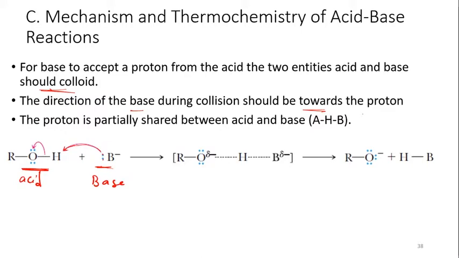There is a sharing of the hydrogen, which is the proton in that case, between the base and the acid. This is my transition state, the highest energy. Then I move from that one: this bond will break and this bond will reform. So I will have a conjugate base and a conjugate acid.